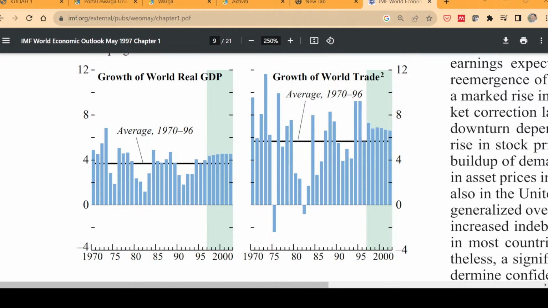Many countries are in debt, so the 1980s are known as the debt decade. 70s inflation decade, 80s debt decade, 1990s the so-called lost decade of Japan. But it turns out that Japan until today is having that lost decade. Sluggish growth, slow growth in Japan.